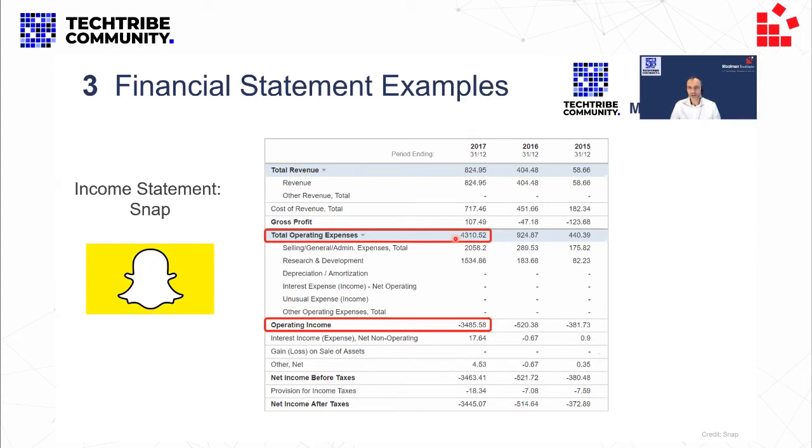When we get to their balance sheet, that might give us some more insight into why this is happening. You can see already that there's over 1.5 billion in research and development versus 180 million in the previous year. So clearly, in terms of selling and research and development, they're investing a huge amount of money.